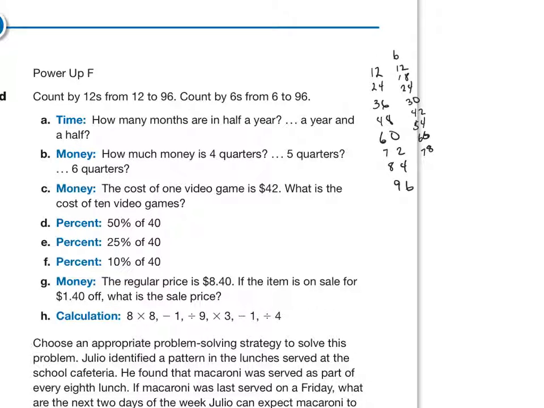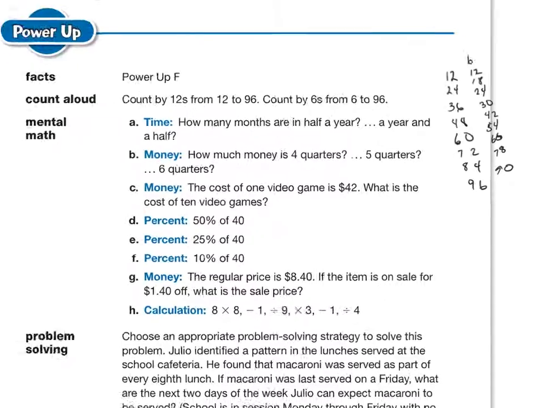This is a little bit more work for me. Then 84, and then 90, and then 96. So 90 and 96. There we go. Whew, that was a little more work.